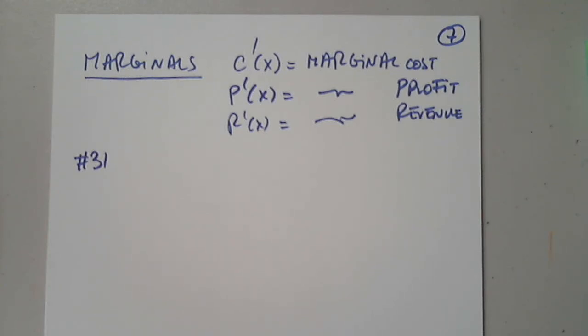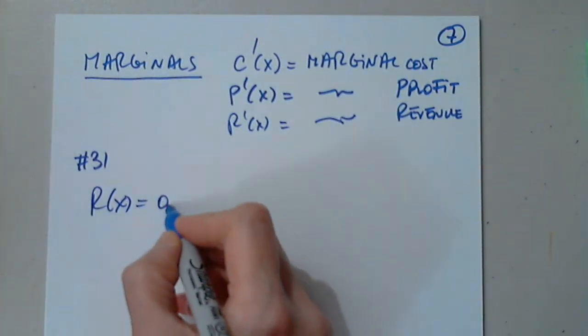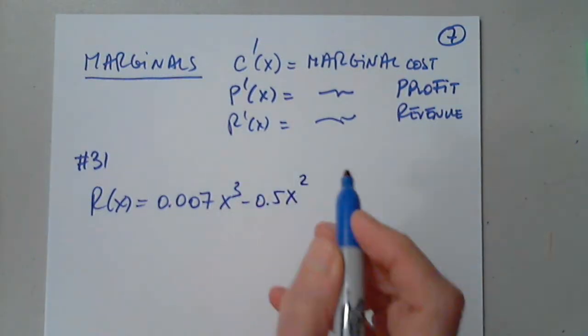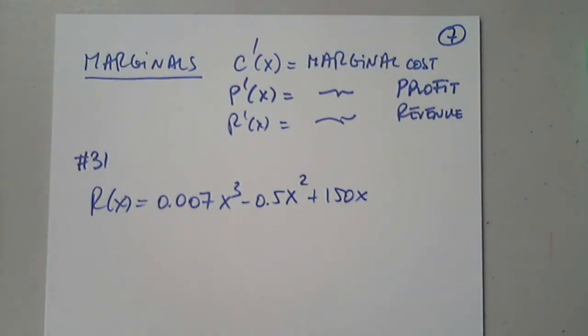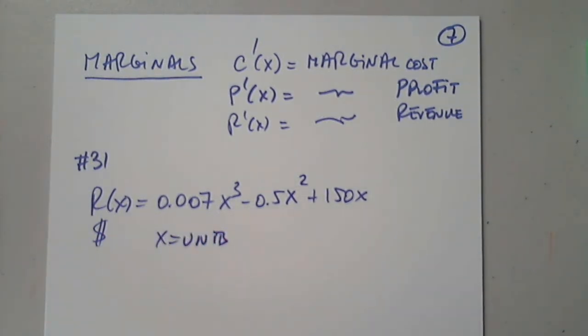Solano Carriers finds that its weekly revenue in dollars, R of x, I'm copying it, 0.007x cubed minus 0.5x squared plus 150x. I copied it. So this is in dollars, and x is the number of units, whatever suitcases, it's not important.